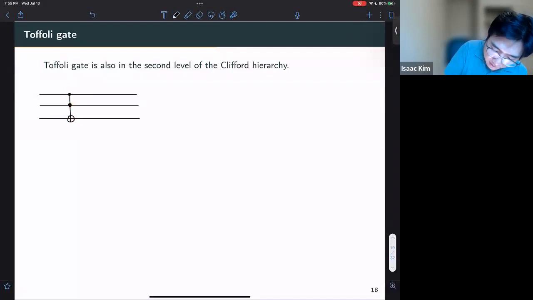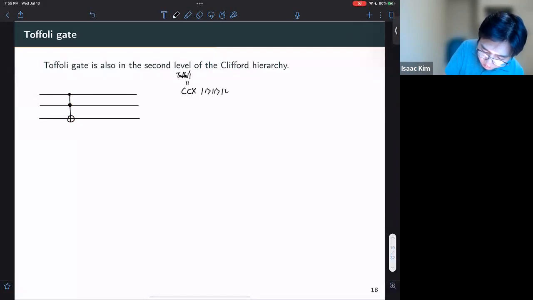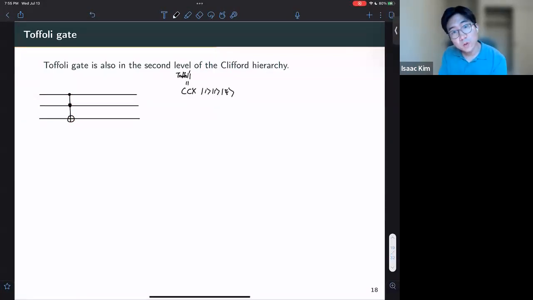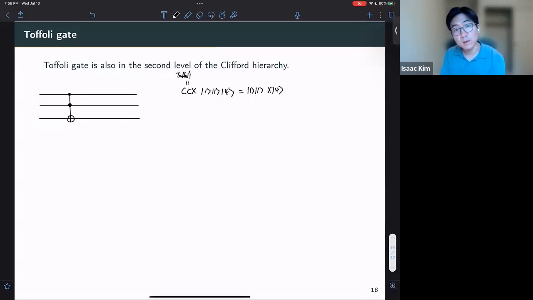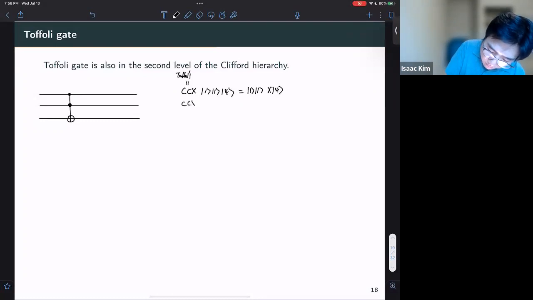That is to say, Toffoli, which another way to write down is CCX, is: if both of the first qubits are in the one state, then I apply X to the third qubit, but otherwise, I don't do anything.